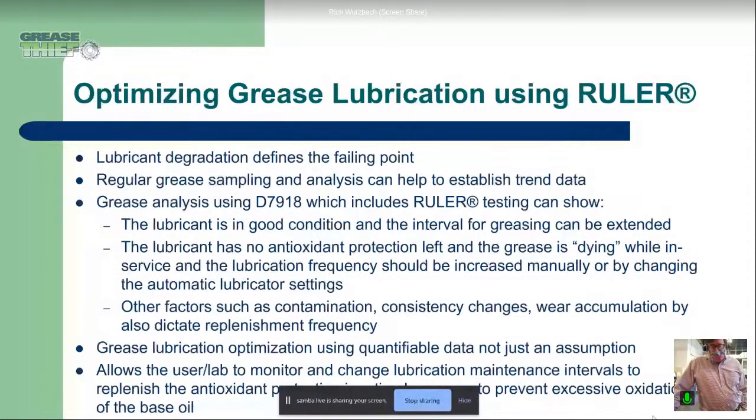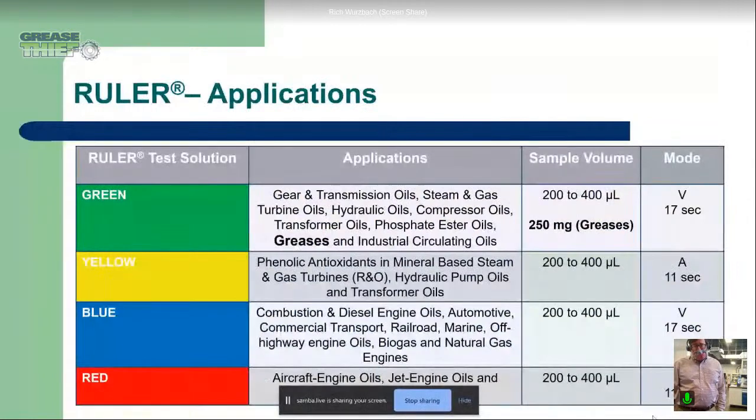Grease lubrication optimization is going to use quantifiable data, not just assumptions about the stresses that this grease will undergo in service. So this allows the user or a laboratory to monitor and change lubrication maintenance intervals to replenish the grease in time and optimally, to prevent excessive oxidation of the grease and degradation of performance.